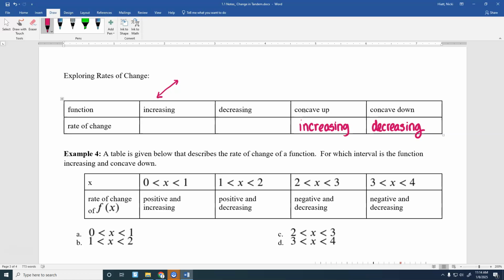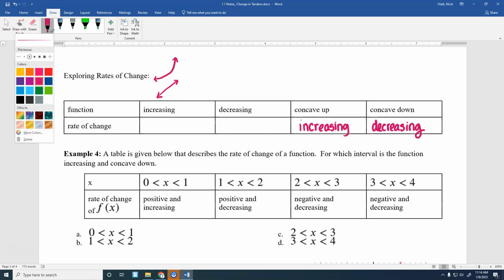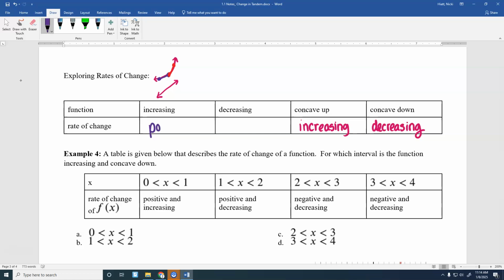So it could look like this, where you have a constant line, or it could be something like this, right? So for this, your slope's not staying the same, but because you're increasing, all these little slopes, if we drew them in, they're still positive, right? They're positive slopes. So if your function is increasing, then your rate of change is positive.